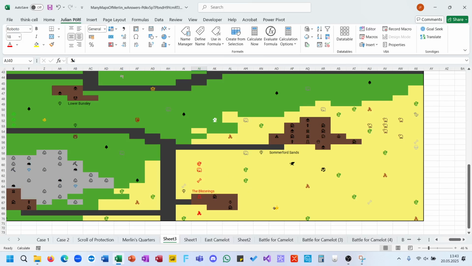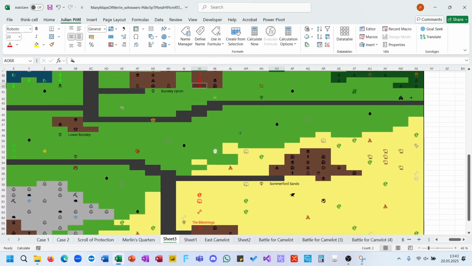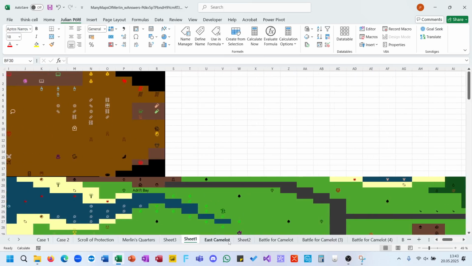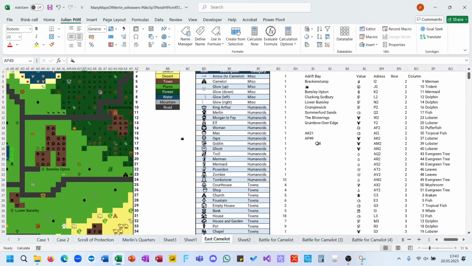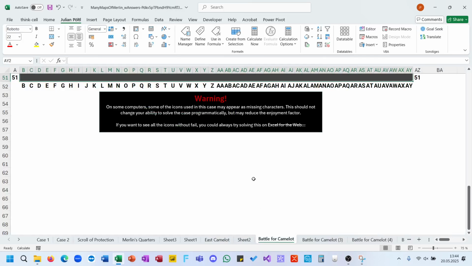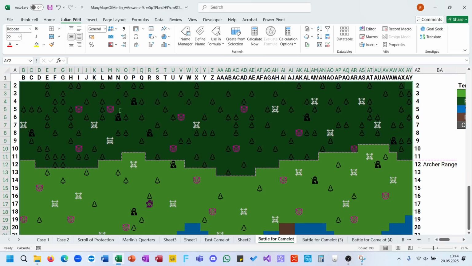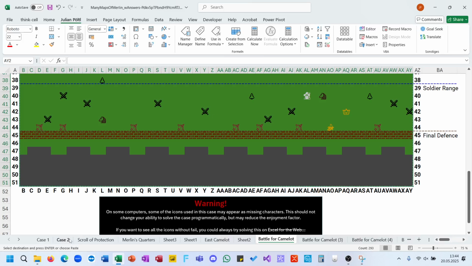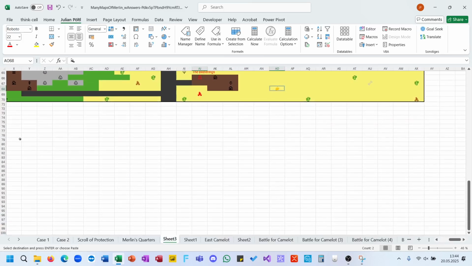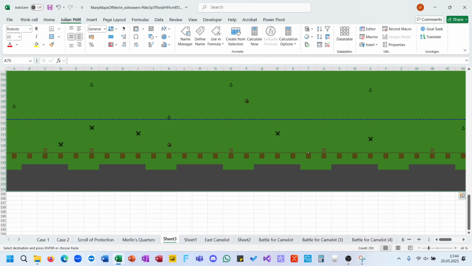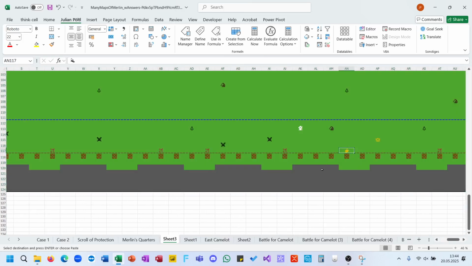And I think there's no one to watch out for, so I can use the 28 distance from the first case. Now it's getting tricky. Battle for Camelot. My banana is here.